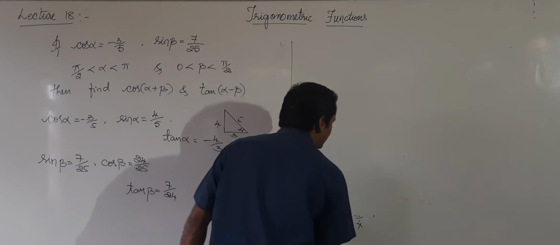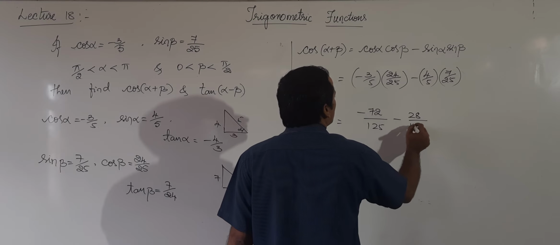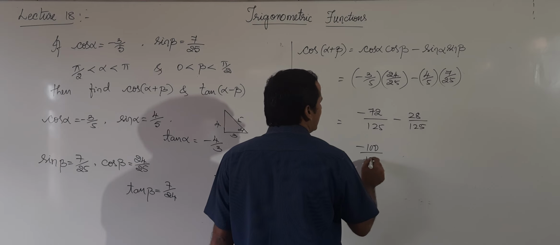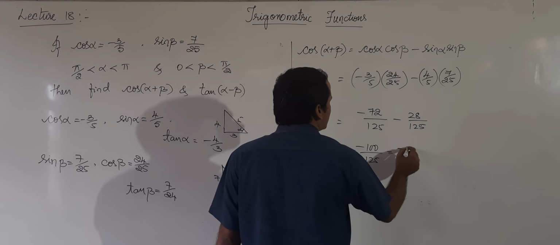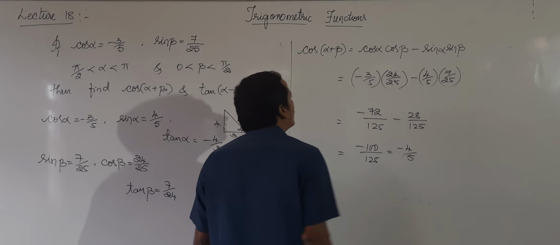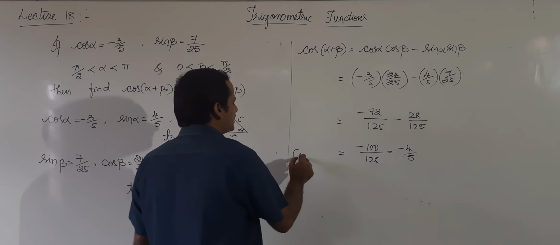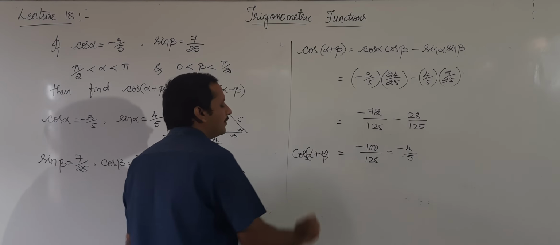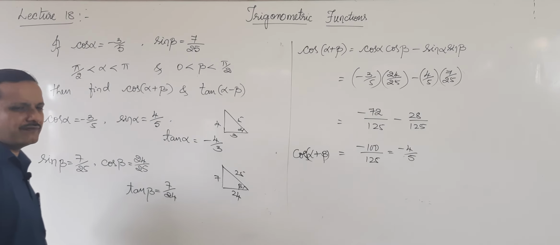That's equal to minus 72 by 125 minus 28 by 125, that's equal to minus 100 by 125, which is equal to minus 4 by 5. Cos alpha plus beta is equal to minus 4 by 5.